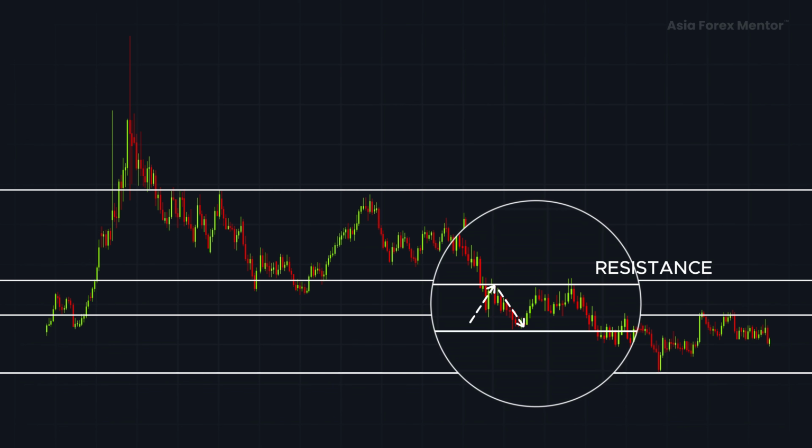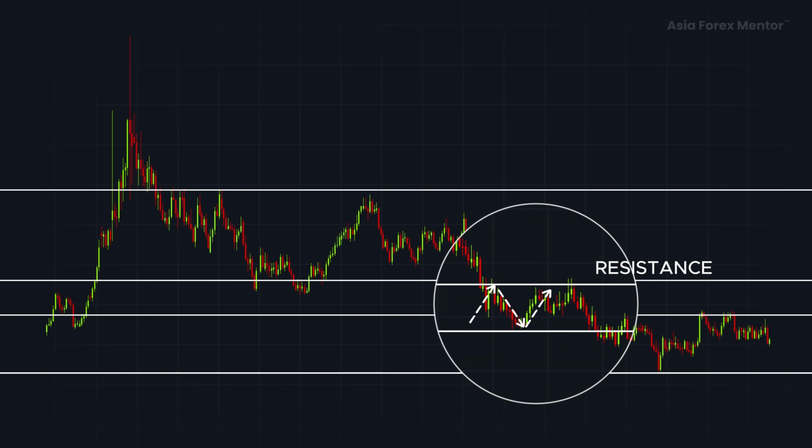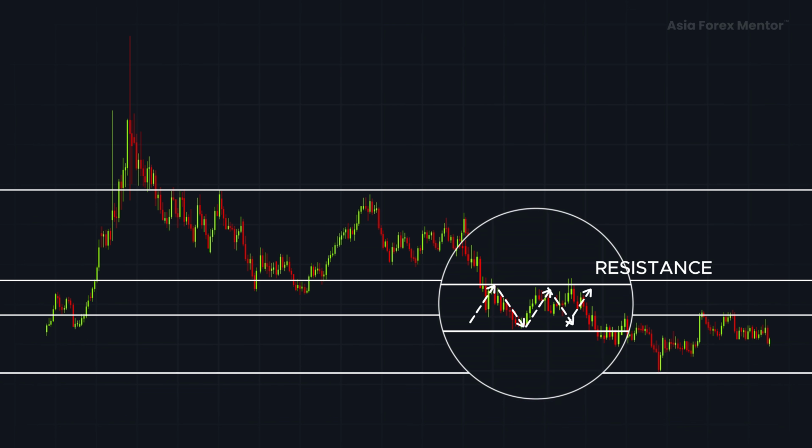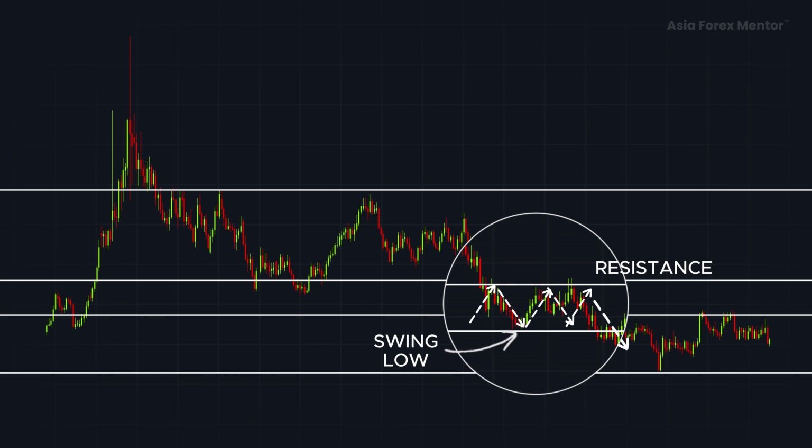Then it went down again, retracing to test this resistance area. Went down once more, retracing to test the resistance again. And finally broke below it, or what we would consider a swing low. Once more, we can see the same concept in action.